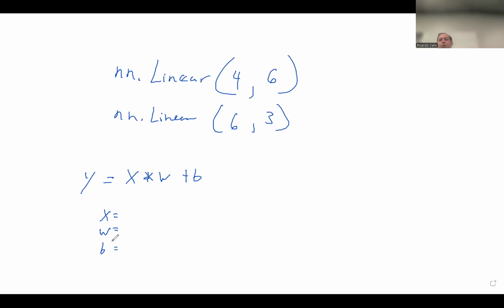When deep neural network frameworks like TensorFlow first came out in 2015, 2016, you had to do that. You had to create a tensor for W and a tensor for B. But that's already 3 lines of code.